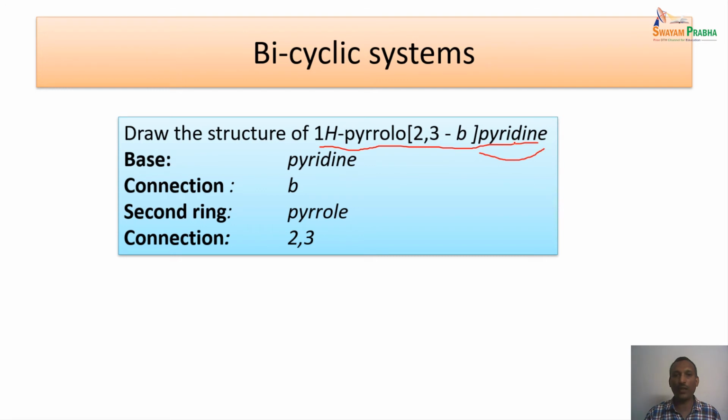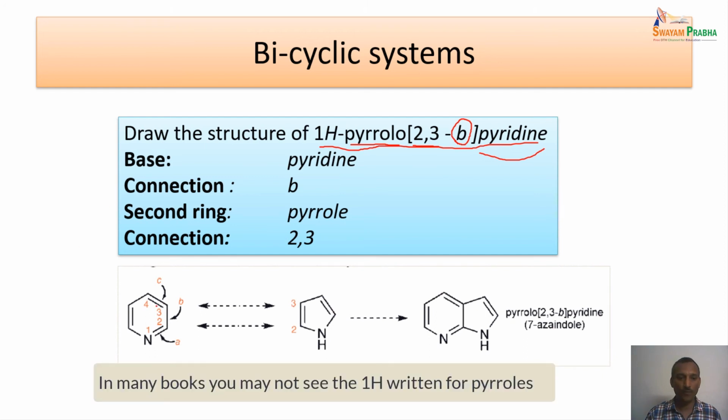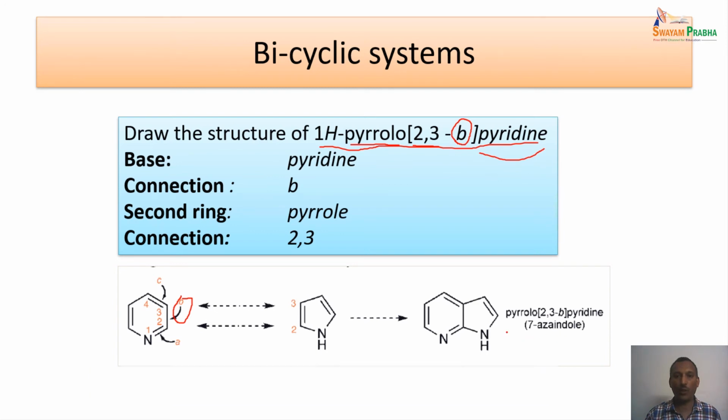So one of the rings is the 6-membered nitrogen heterocycle, and it is having the b face that is fused with the pyrrole unit, and the fusion is between the 2-3 bond. So this is the one we have already seen earlier. So this is the b face which is connected to the pyrrole ring. So this compound is called pyrrolo[2,3-b]pyridine. And another name for this one is 7-azaindole.